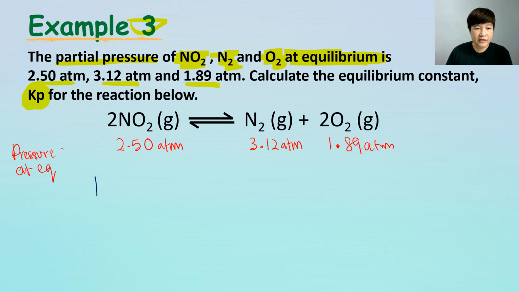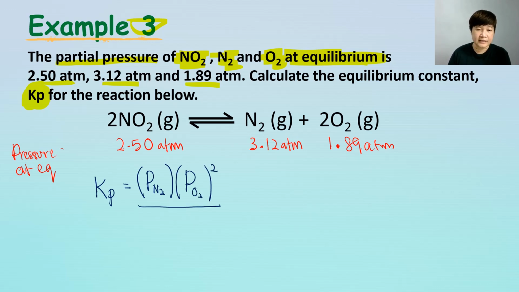And write the formula of Kp over here. My Kp equals product versus reactant in terms of partial pressure. So the partial pressure of N2, that is how we write it, to the power of 1, because the ratio is 1, times the partial pressure of O2 to the power of 2, over the reactant that I have, the partial pressure of NO2 to the power of 2.